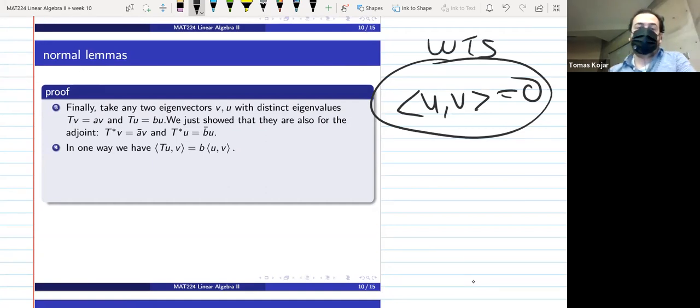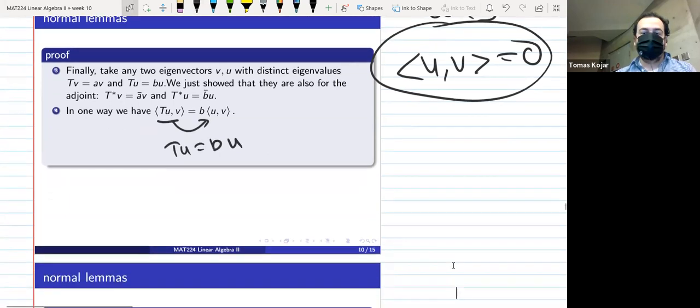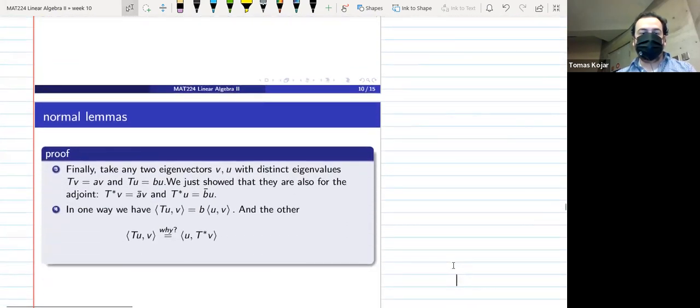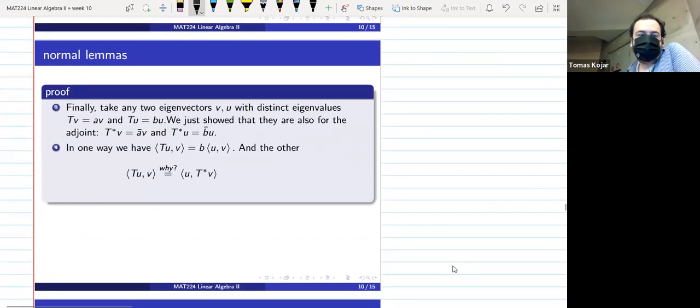Okay? All right. So we're going to compute this <Tu, v> in two different ways. First, you use the eigenvector relation, so you get <λu, v>. We're using that Tu is λu. That's just the eigenvector relation, nothing fancy here. Now we're going to compute this another way. I think you know this by now, right? This is just the adjoint operation, so I just take the adjoint.